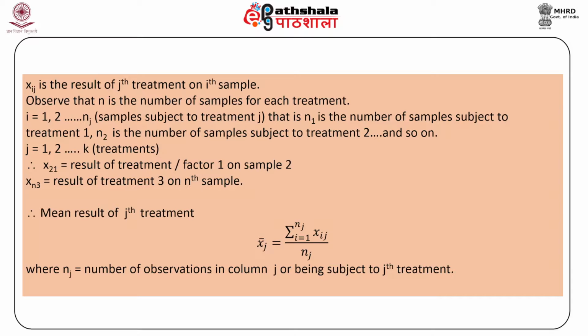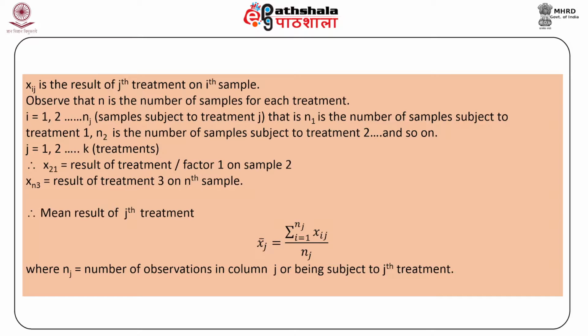That is, n1 is the number of samples subject to treatment 1, n2 is the number of samples subject to treatment 2, and so on, and our j in this case is 1, 2 up to k, which are our treatments, or in our previous example, fertilizers and so on. Therefore, x21 is the result of treatment or factor 1 on sample 2. Similarly, xn3 is the result of treatment 3 on the nth sample. That is how these subscripts are interpreted.